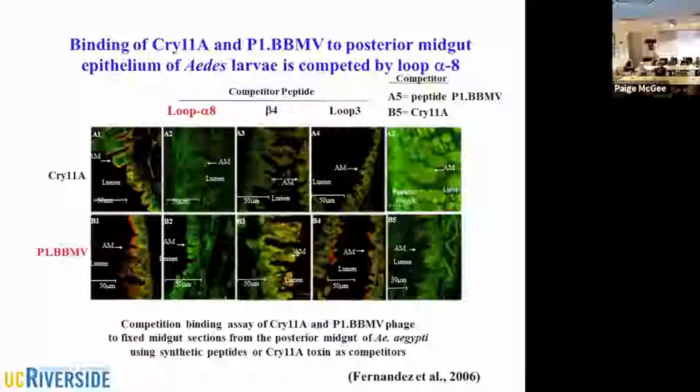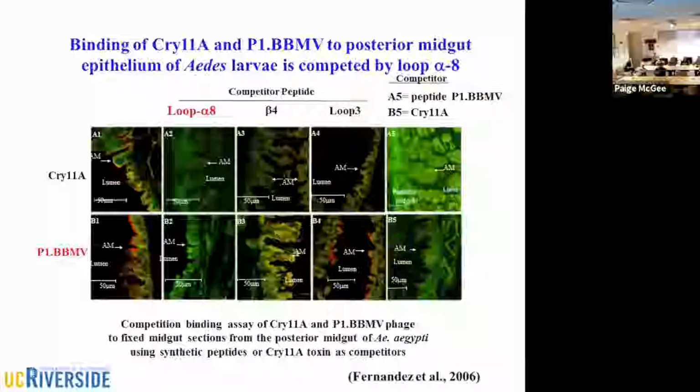So one of the features that you can see is where Cry11A binds to the midgut. Now, just focus your attention on the top row of panels. The Cry11A in the top row, on the left-hand panel, binds to the brush border membrane, which is the apical cells of the posterior gut.